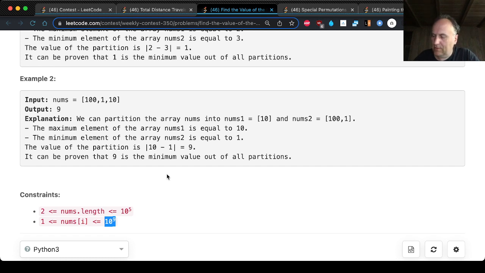Range queries. What else? What can I do? 100,000. So there are only two.